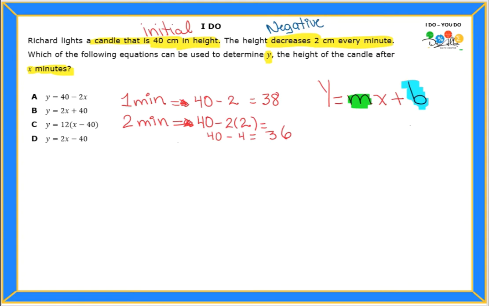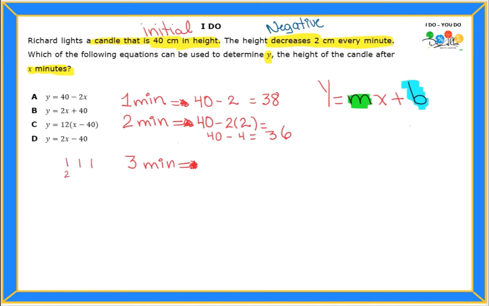Okay, so let's go on to the next one. What if we look at the candle after 3 minutes? Richard comes back after 3 minutes and says, my candle's still 40 centimeters tall. It's not going to be like that, right? Because every minute that goes by, it's going to decrease 2 centimeters. So in 3 minutes, this is 1, 2, 3 minutes.